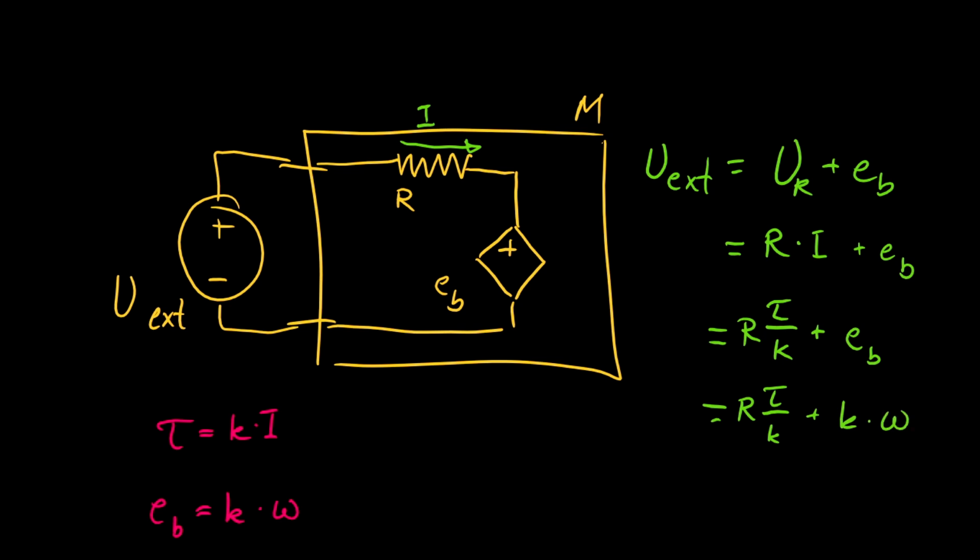There we are. If we want to figure out what voltage we need to provide to the motor for it to provide a specific torque, then all we need to do is measure the rotational speed of the motor, and then knowing these constants, we can figure out what the current should be. The problem is that we don't know K and we don't know R, but we could lump it all together.